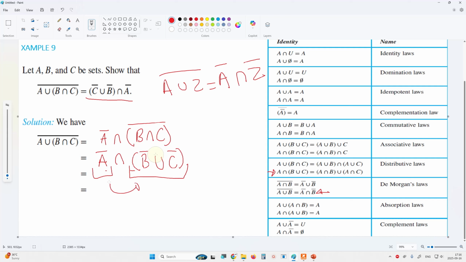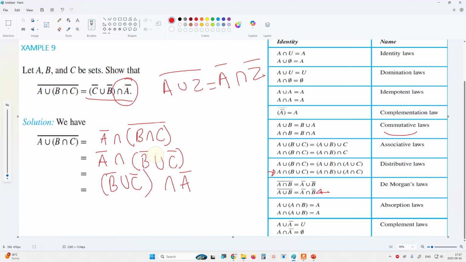All I have to do is swap these around. So basically, if I reach this, because of this commutative law, I can prove that this is going to be the complement of B union complement of C, intersection with A, which is this thing here.